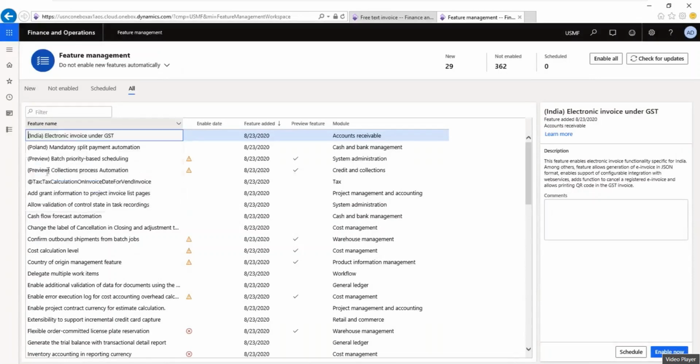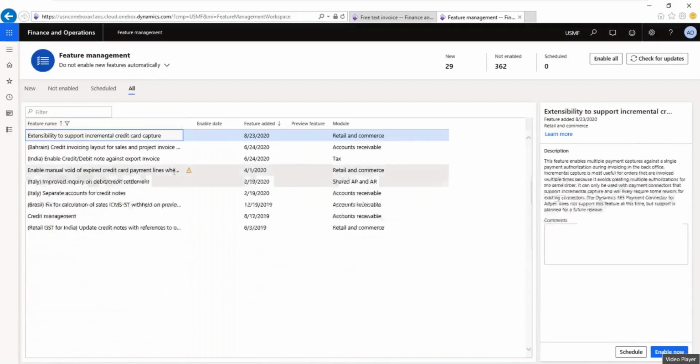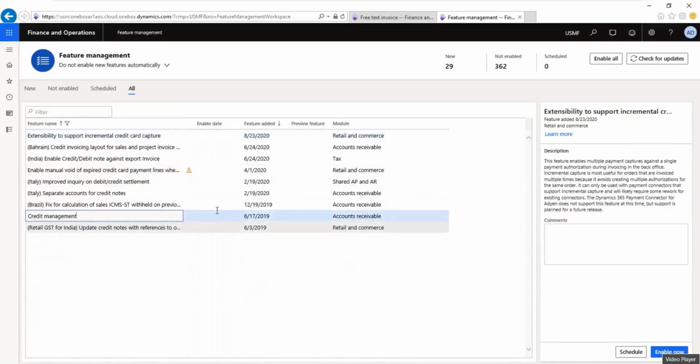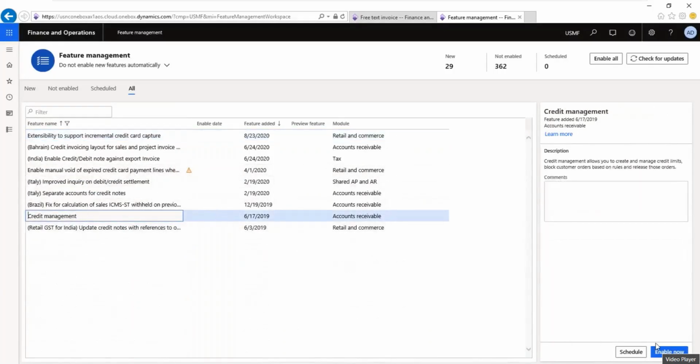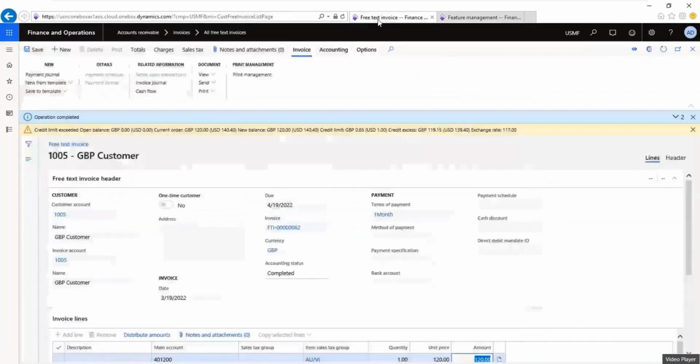If it contains credit, then you will find credit management. If it is enabled, please disable it. It will be enabled with a green circle checkbox, and then a disable button will be there. Click disable now. Otherwise you will face errors. So you need to wait for the Friday session. For time being, if it is enabled in your system, try to disable it. Then it will allow you to post. Otherwise you will get an error.